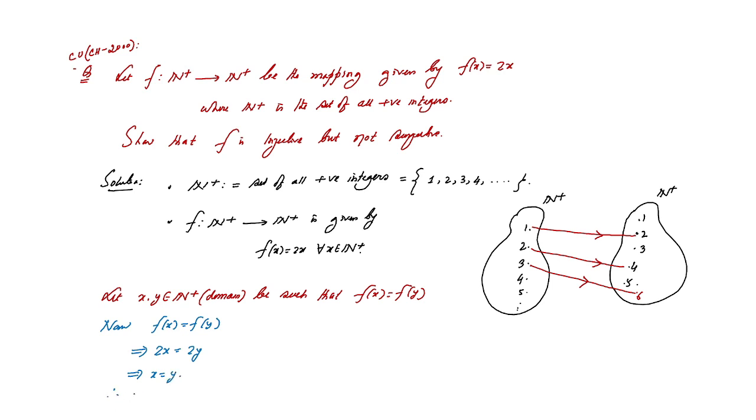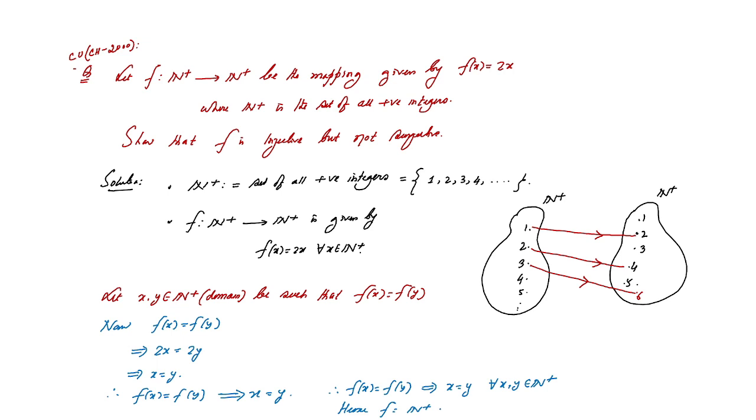So what we have shown here is f of x equals f of y implies x equals y. Since x, y are arbitrary, this holds for all x, y belongs to N plus.